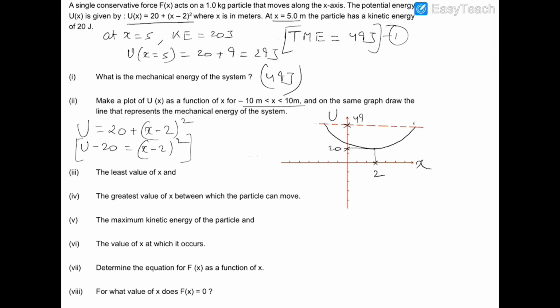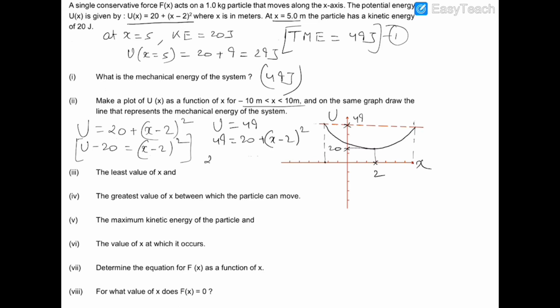Now we have to locate these points also. The time when the kinetic energy will be 0, at the same time the potential energy will be maximum, and it will be equal to 49 joules. So when U is equal to 49, then 49 is equal to 20 plus (x minus 2) whole square.